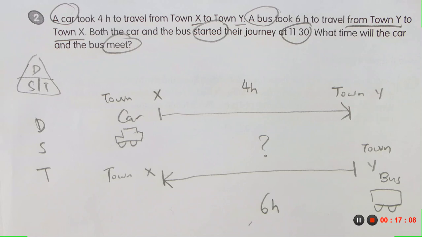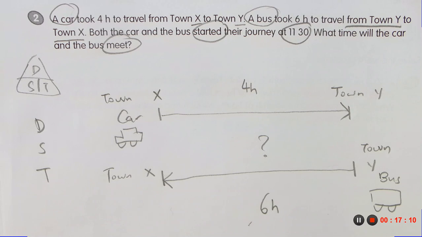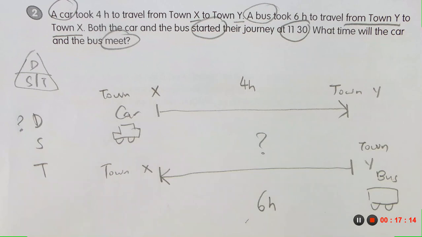You share it, okay? Now, do we have the distance here? We don't. But what do we know about the distance for the car and for the bus? Is it the same? Huh? No, the distance. Is the distance the same? 4 hours. Mine is 4 hours.